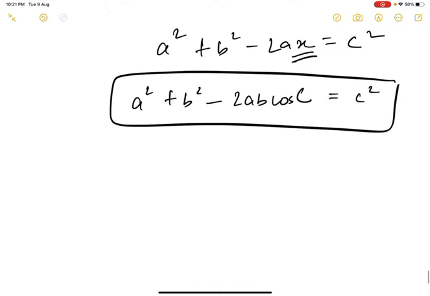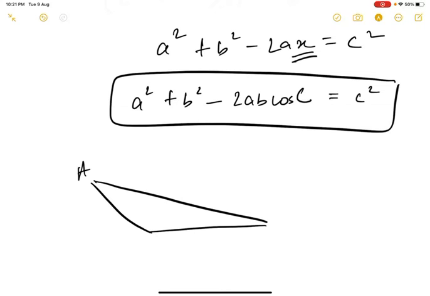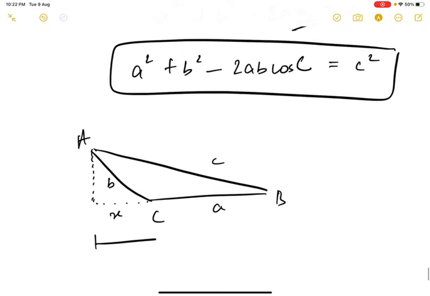I can also have an obtuse triangle if my diagram is something like this. This is my A, this is my B, this is C. This will be small a, this will be small c, this will be small b. How will I prove the cosine rule in this situation? In this situation, I can extend this. And I can say this is x and this whole is a plus x, right?